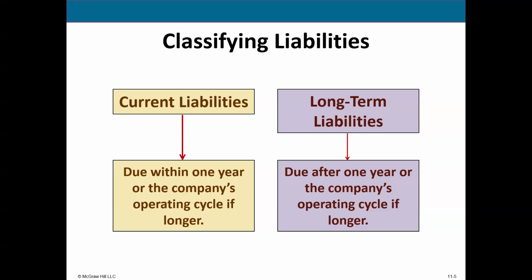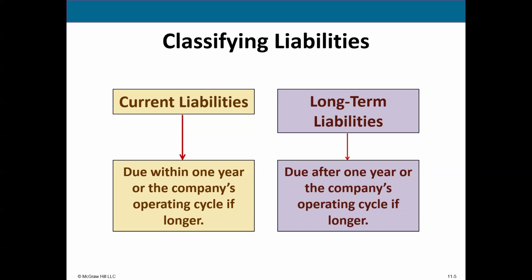And then another example of a current liability would be unearned revenue. Now, it's important to remember that with revenue, it becomes revenue when it's earned, when we have delivered the good or the service. That's earned revenue. That's just regular revenue, when we have delivered the good or the service to the customer.